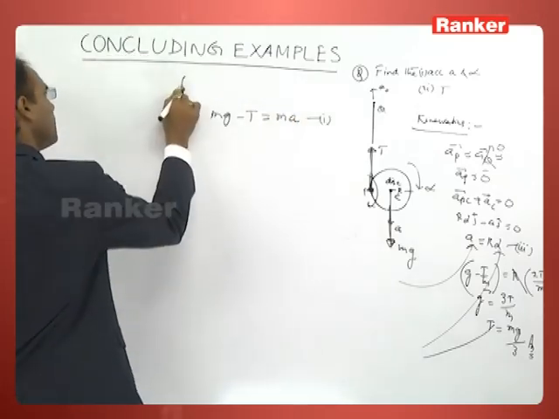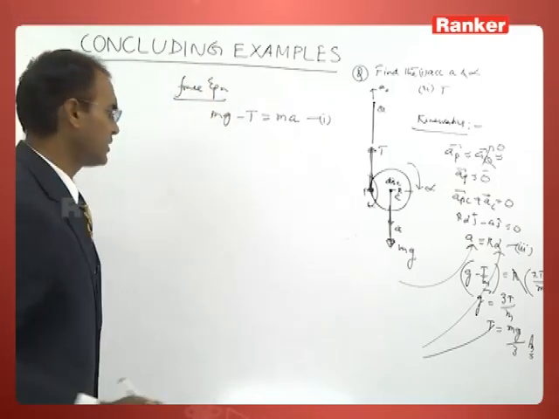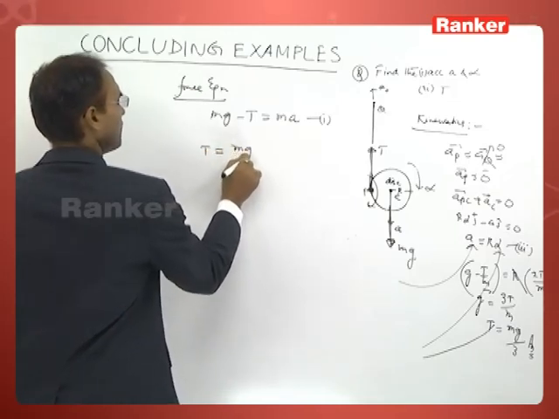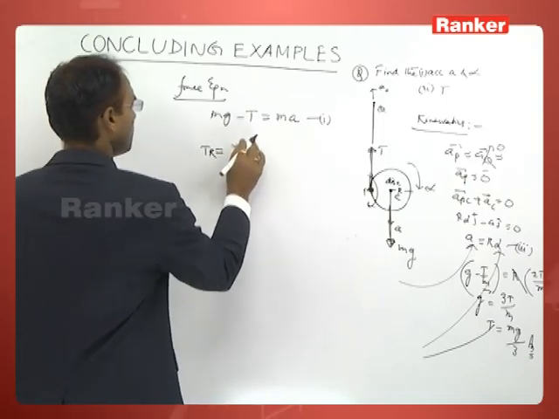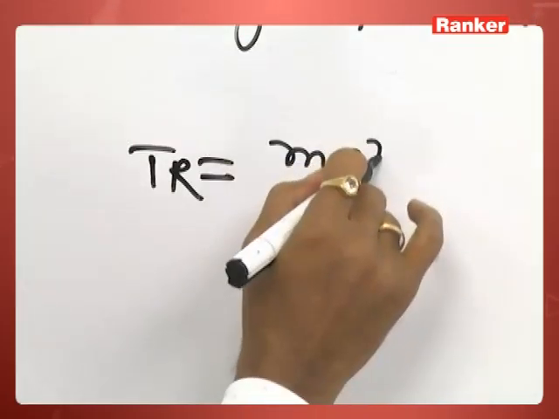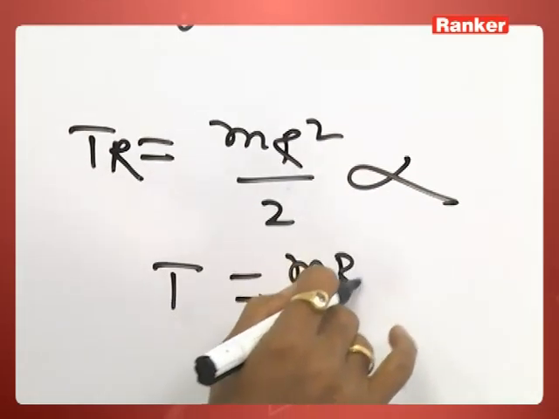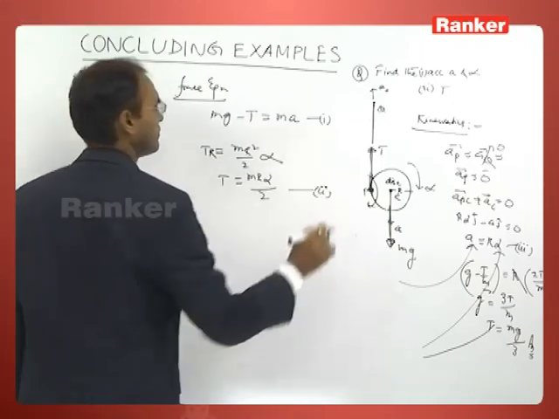Force equation, and the torque equation gives us T into R is equal to mr square by 2 into alpha. So T is equal to mr alpha by 2. These two equations are as they are, no change.